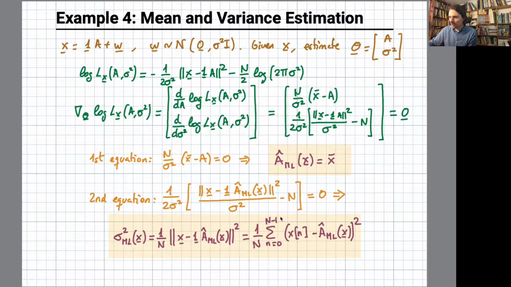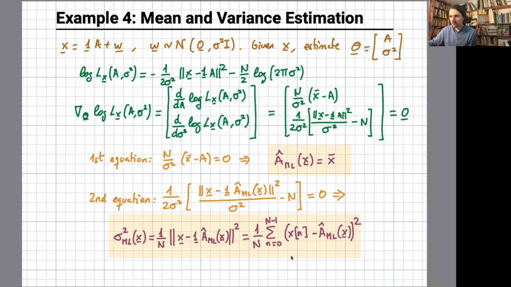Here we would have the expectation, and here we would have the expectation of x. Now, this A ML is not the expectation of x, but it is its sample mean, right? And the outer expectation has been replaced with a sample mean, right? So again, it is intuitive.